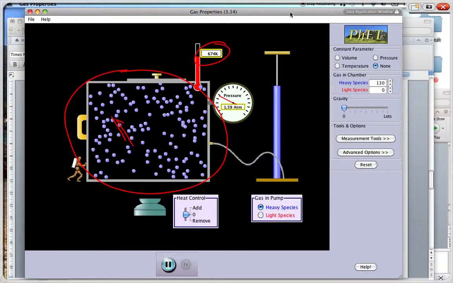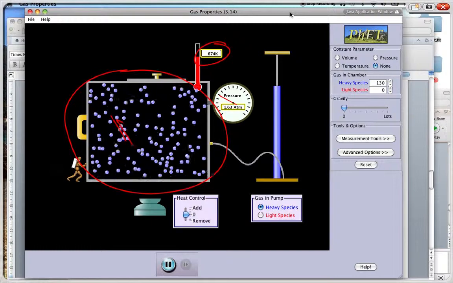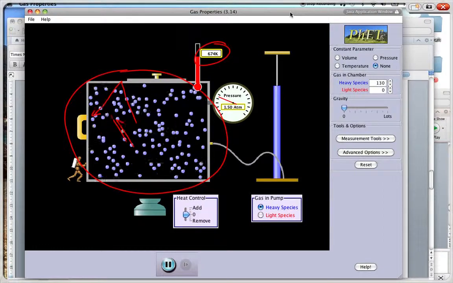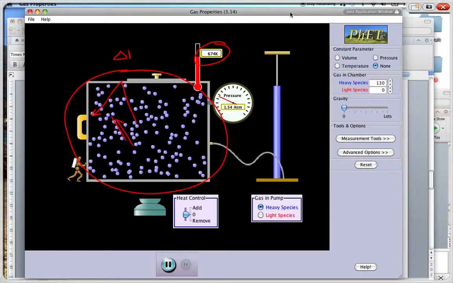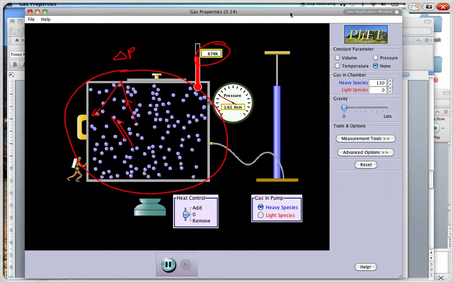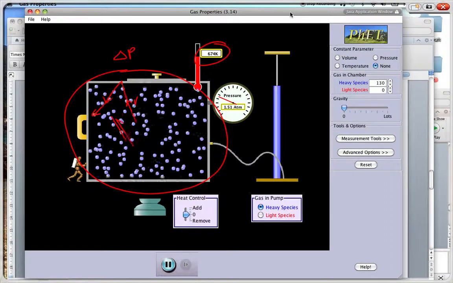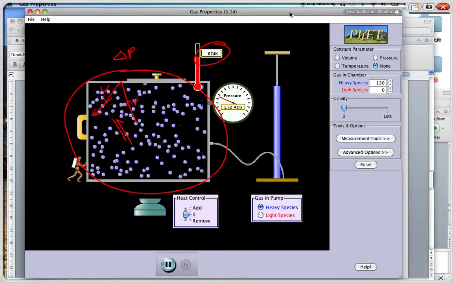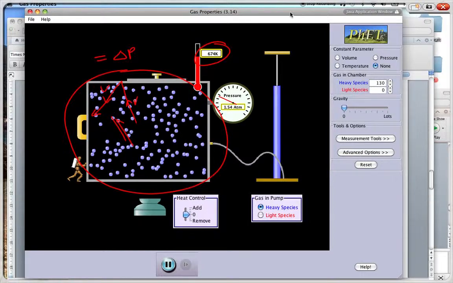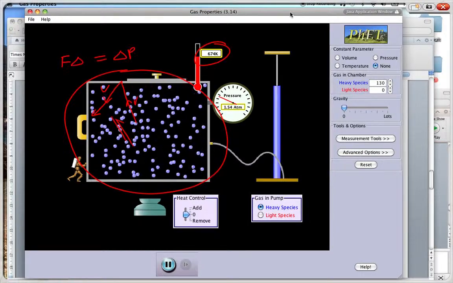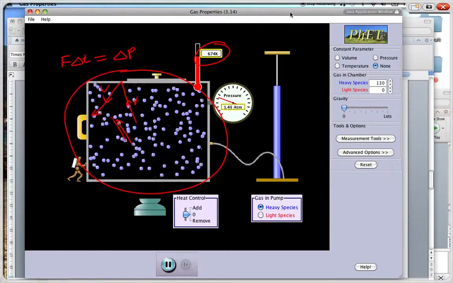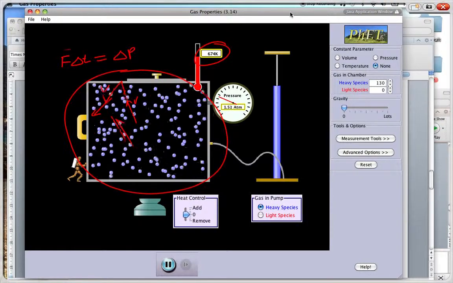Now as a particle comes in and hits there and maybe bounces off, we can see that there is going to be a change in momentum, because the velocity would be in this direction, and then the velocity would be in this direction. So there is a change in velocity, so a change in momentum, and that means that there must be a force being applied, because we know F times the change in time is equal to the change in momentum, the impulse, and so there's a force applied.